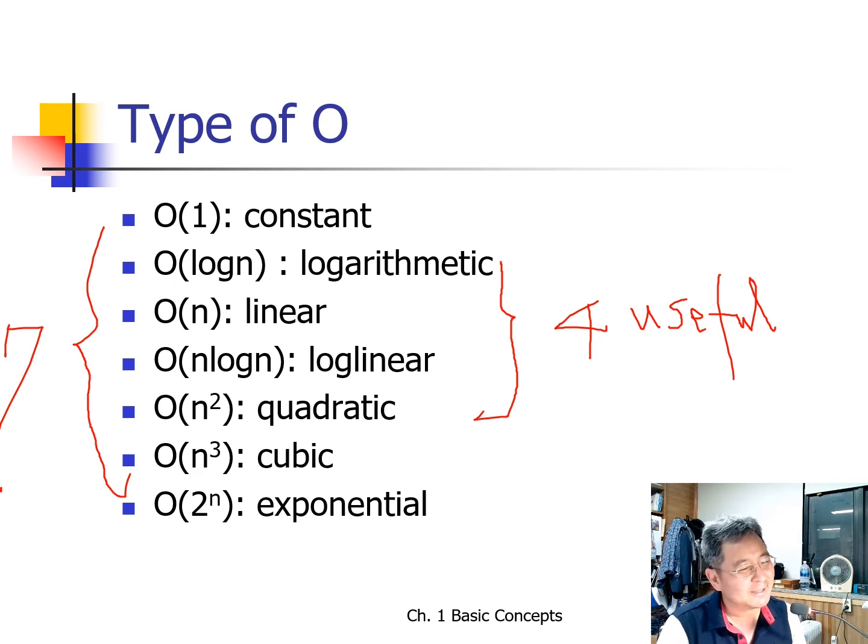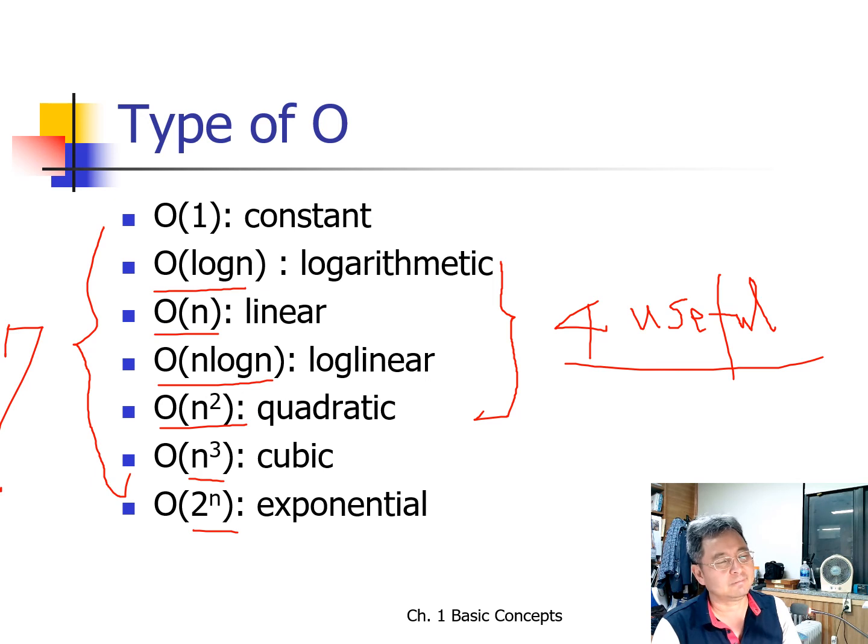N square takes a long time, and 2 exponent n is an extraordinarily large number of steps when data becomes large enough. So it is not useful. A useful algorithm must belong to big O log n, big O n, big O n log n, and big O n square. Okay, for useful types.